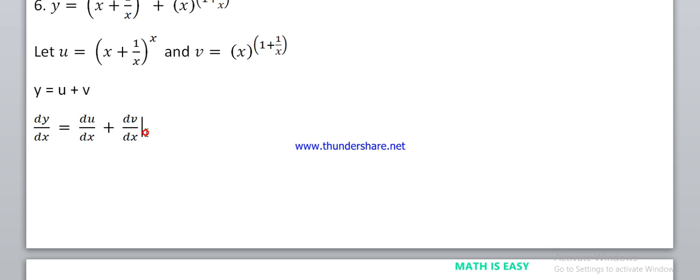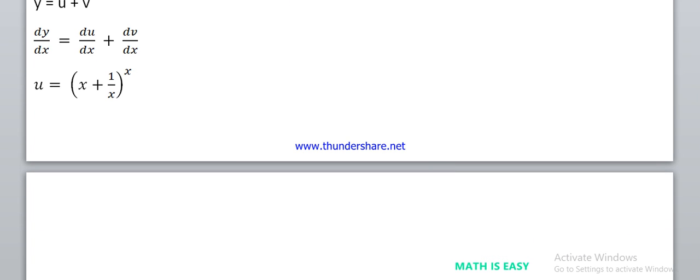So to find du by dx, this is what u we have, right? This is my u term. If I apply log on both the sides, what we are going to get? So we are going to get log u equals to log of (x plus 1 by x) whole to the power of x.